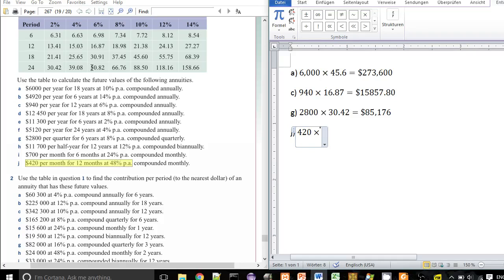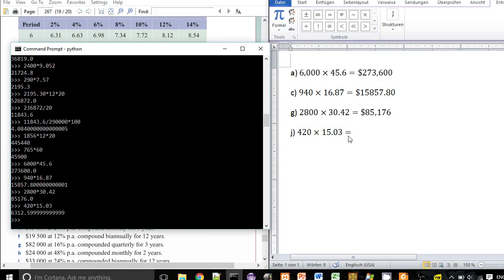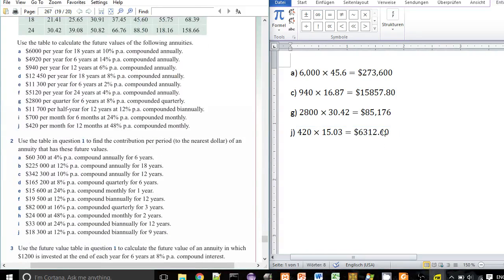But it'd be 4% per month. So 4% for 12 months, 15.03. Okay, 420 times 15.03, 6,312.60 cents. Okay, so I hope that makes sense.